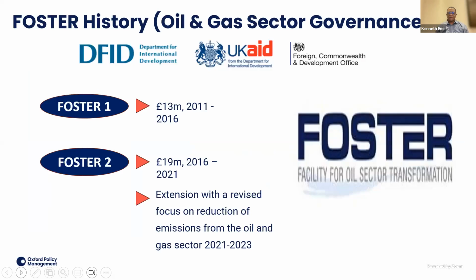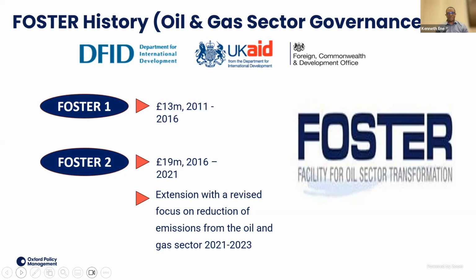So quite briefly, I'll just talk about what the project was called. It's the Facility for Oil Sector Transformation. It was an oil sector governance project funded by the UK government, various iterations of the Agency for International Development, from the DFID to UKAID to the current iteration, which is the Foreign Commonwealth and Development Office.